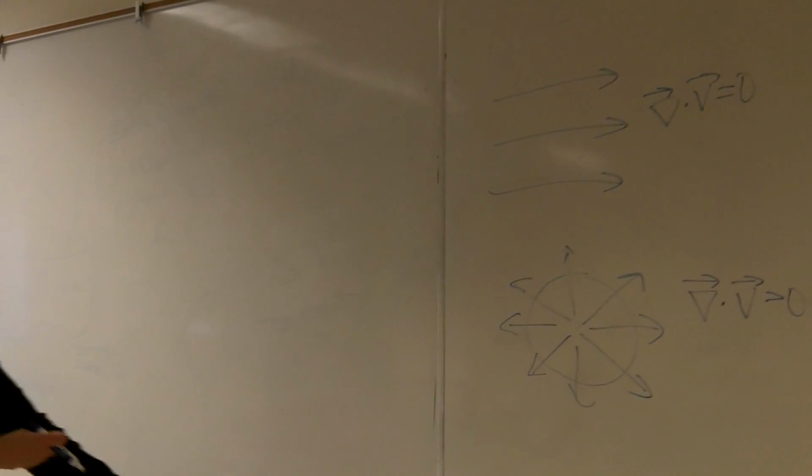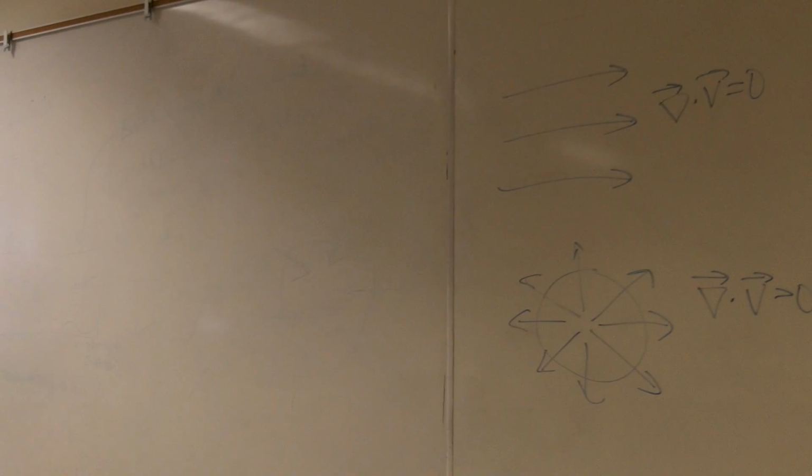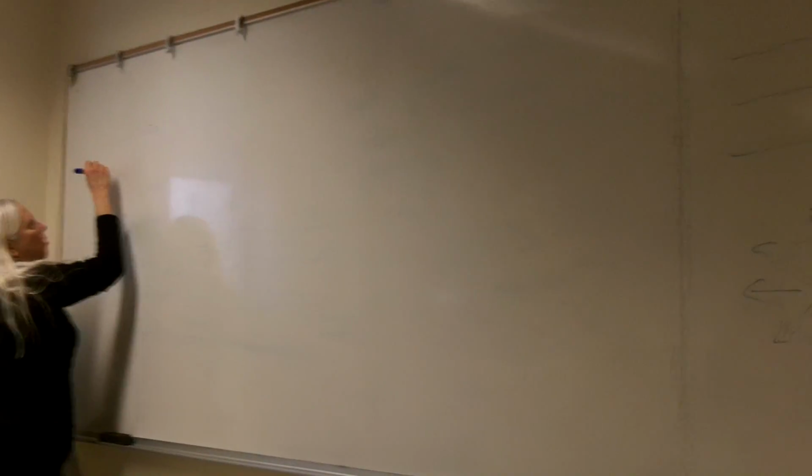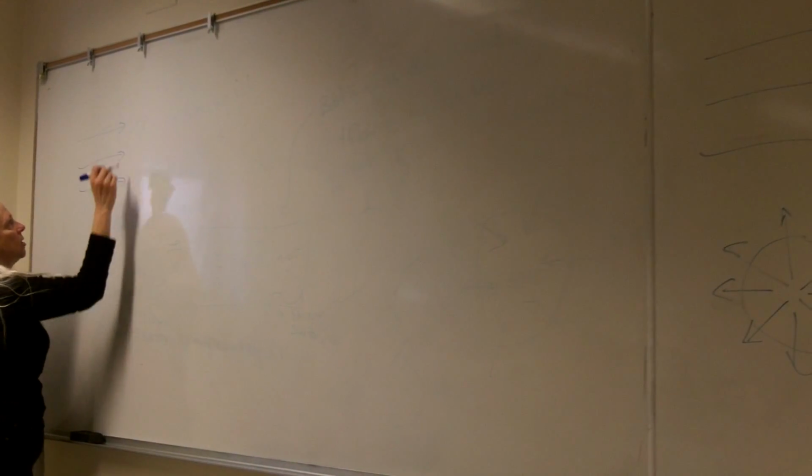I actually used this example of a uniform vector field here, and I said its divergence is 0. Well, it turns out also if we have a uniform vector field like this, its curl is 0 also.